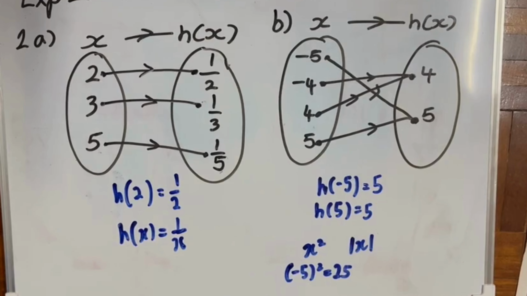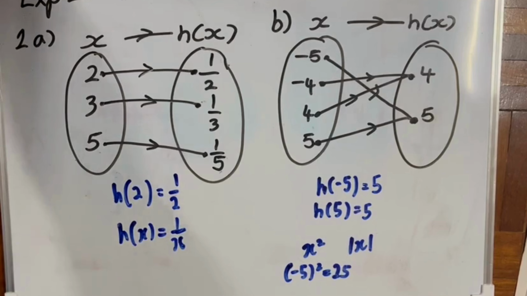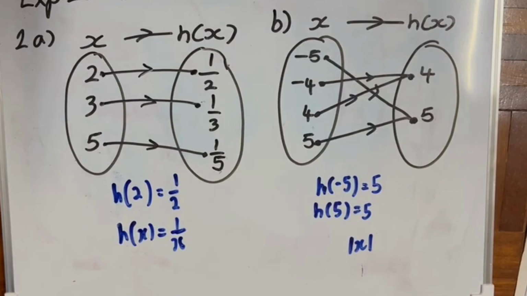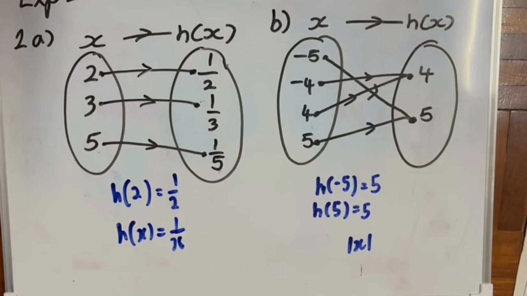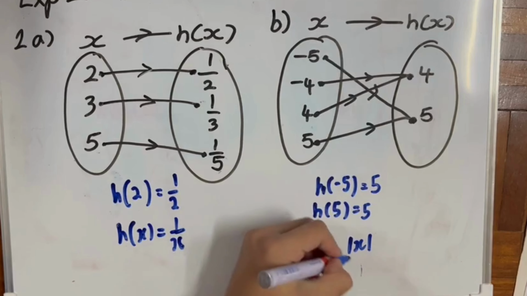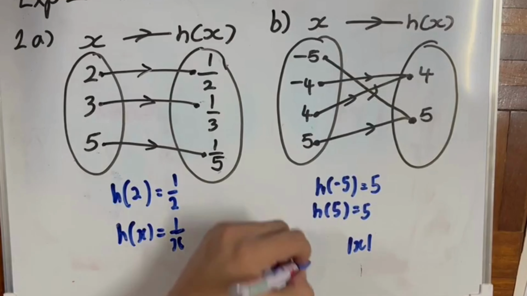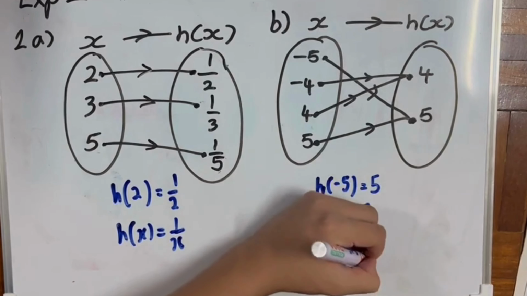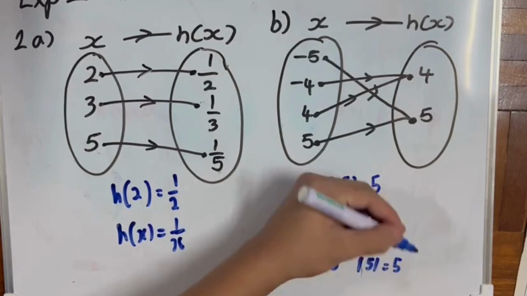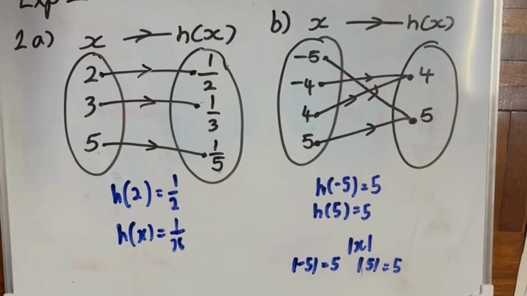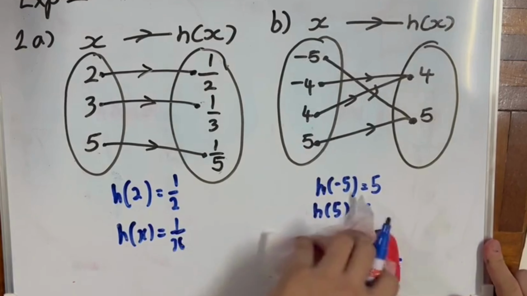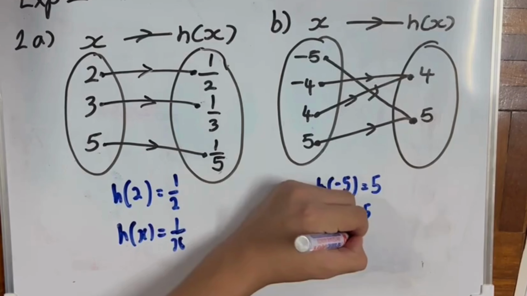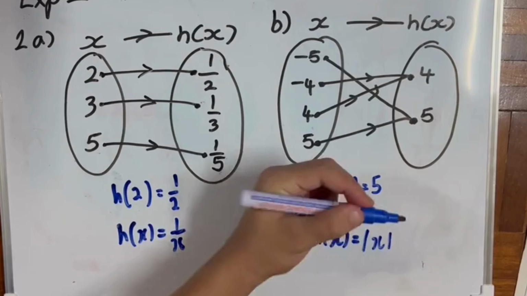So let's leave the option of modulus x, because whether you put in a negative or positive value, it will always become positive. Modulus of -5 becomes 5. Modulus of 5 is also 5. So, in conclusion, our h(x) equals modulus x.